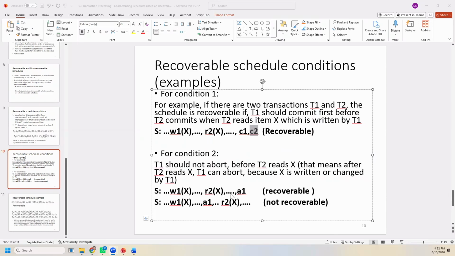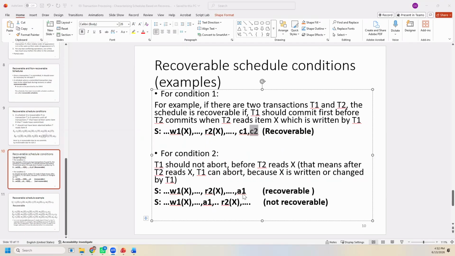Then after reading this modified X by T2, A1 is aborting, right? That means T1 is aborting. So that means any transaction is not reading values which are already aborted, right? So therefore it is recoverable.